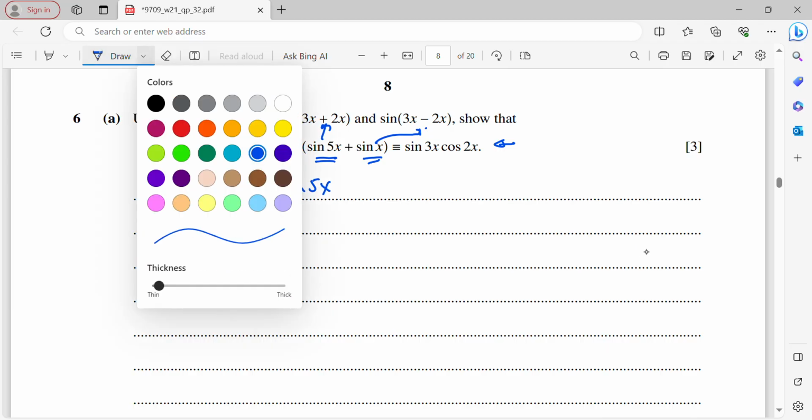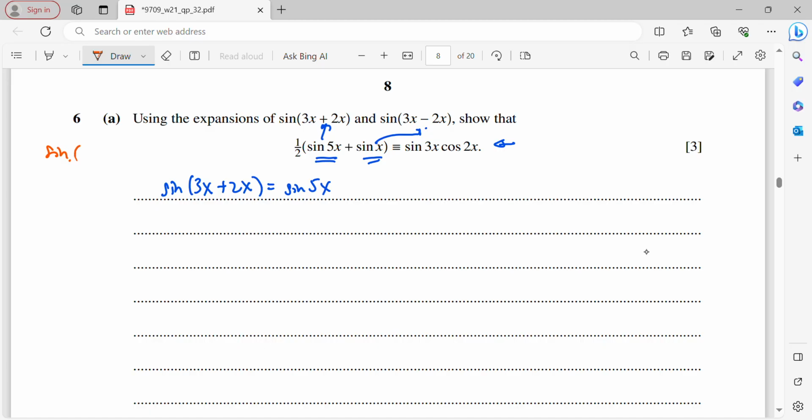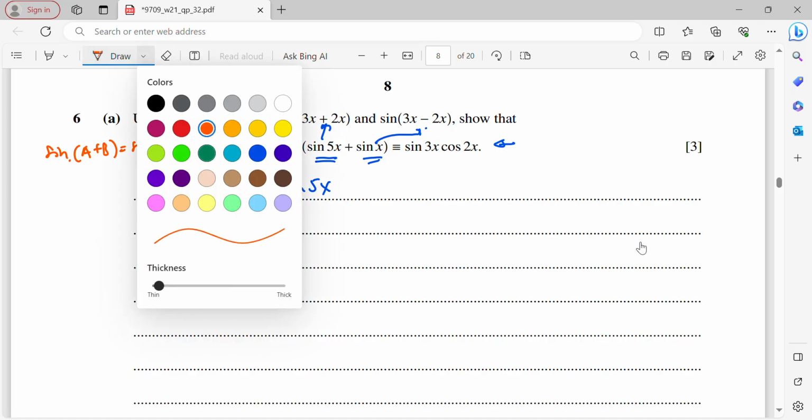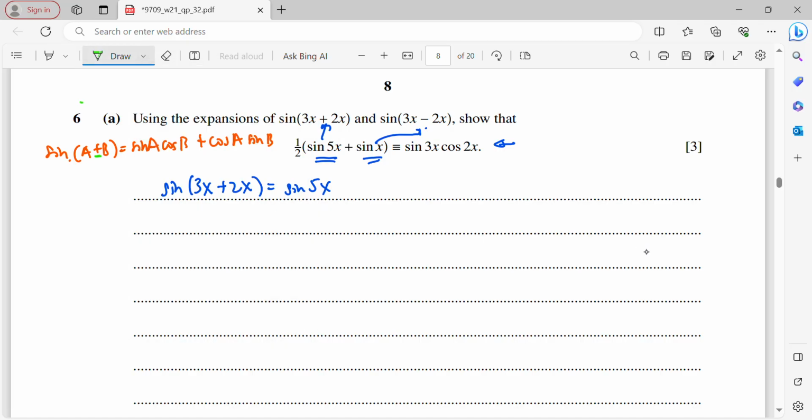We have a formula. Refer to this formula. Sine A plus B will be sine A cos B plus cos A sine B. When it is minus, then here is minus.